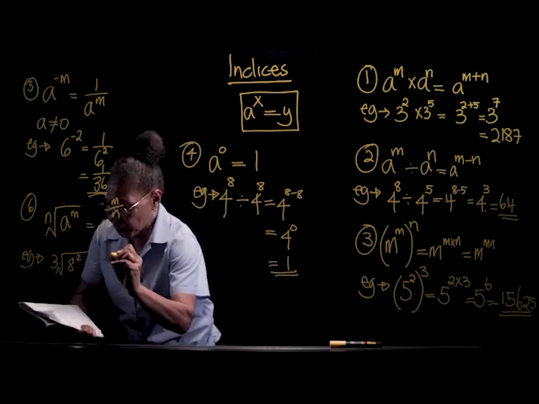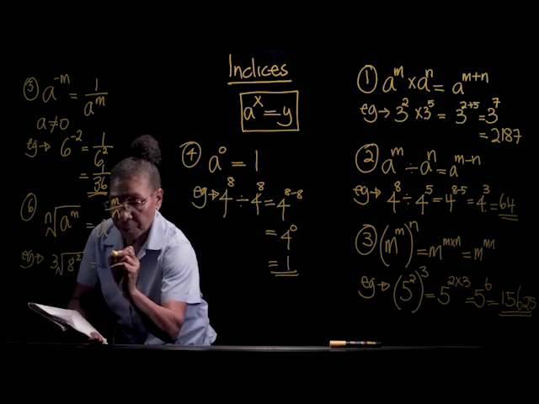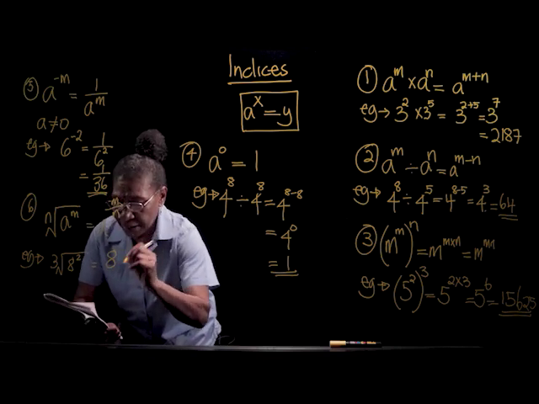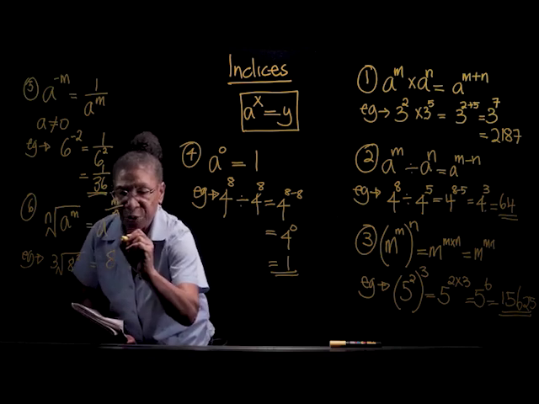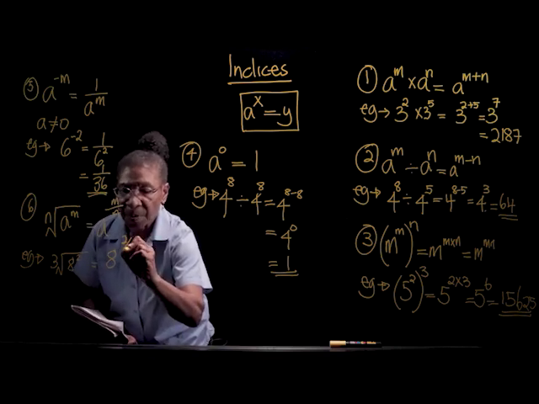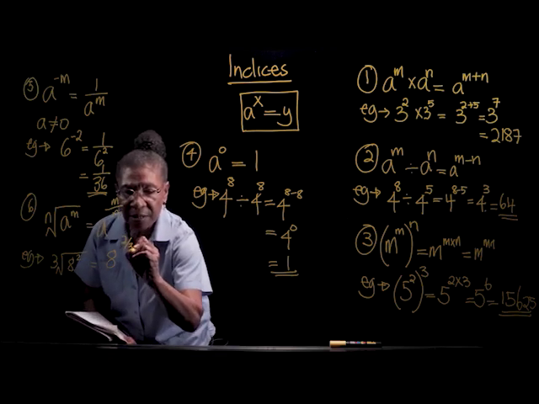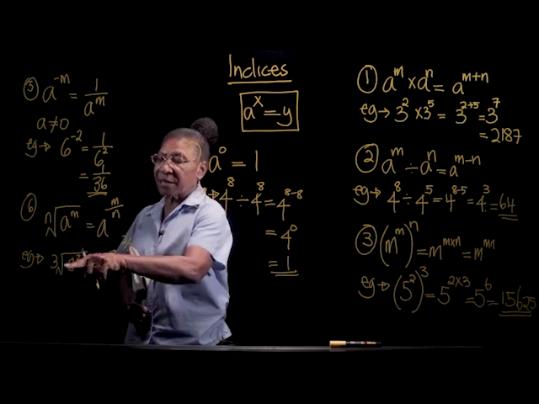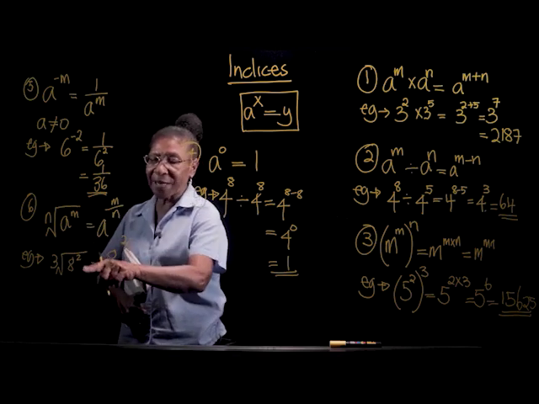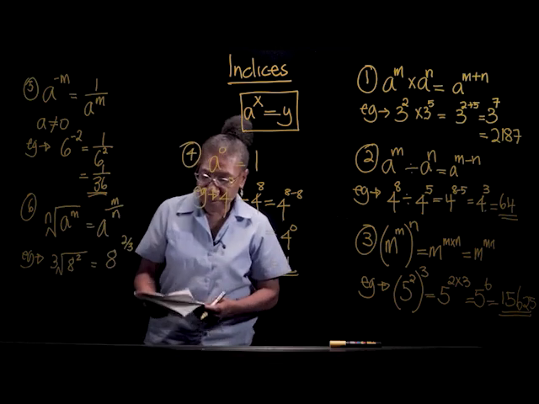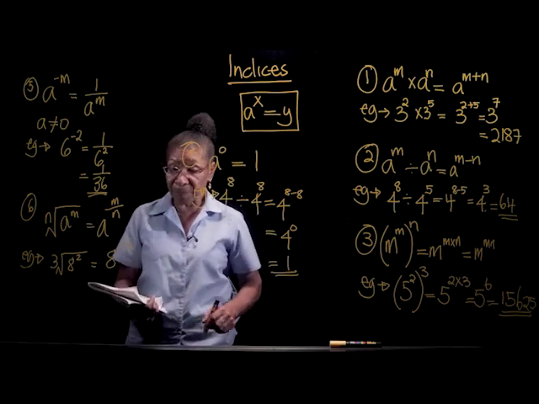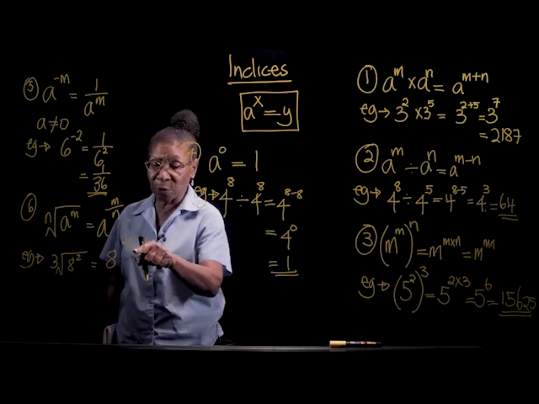So it would be 8, the 2 becomes the numerator, right? The 3 becomes the denominator. That is the third root of 8 squared. Then we could rewrite it back to try to solve it.